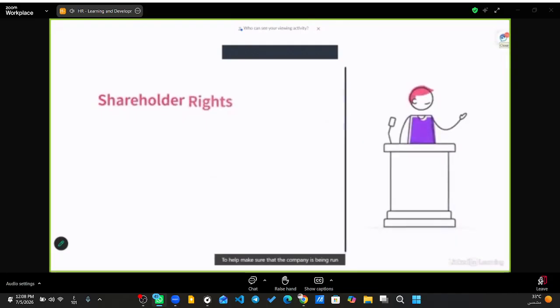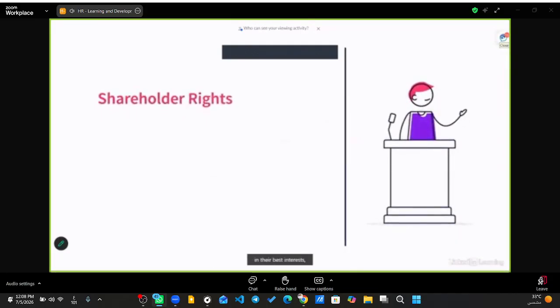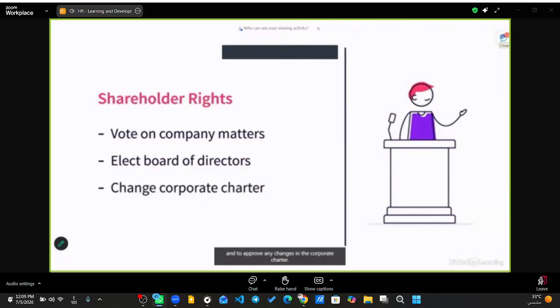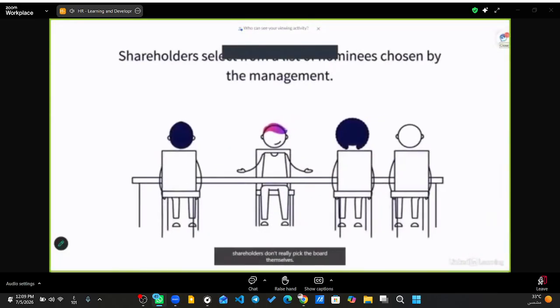To help make sure that the company is being run in their best interests as the owners of the firm, common stockholders get to vote on the most important matters for the company. Common stockholders are entitled to vote on the board of directors and elect those directors and to approve any changes in the corporate charter. Now, in the real world, shareholders don't really pick the board themselves.